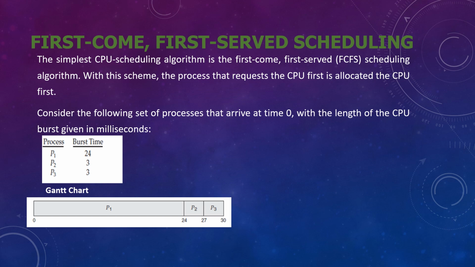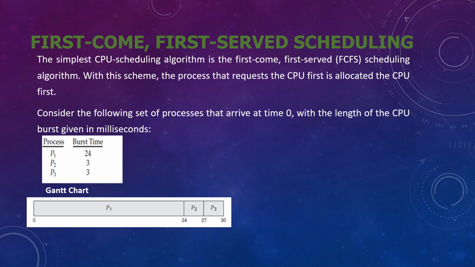It executes in CPU for 24 milliseconds of time and it leaves the CPU. Then P2 enters. The burst time of P2 is 3 milliseconds. It is executed in the CPU for 3 milliseconds and it leaves the CPU at 27th millisecond. Then P3 enters. So P3 executes for 3 milliseconds. It leaves the CPU at 30th millisecond. So this is how you can draw the Gantt chart.